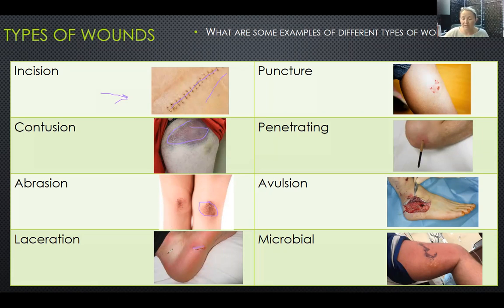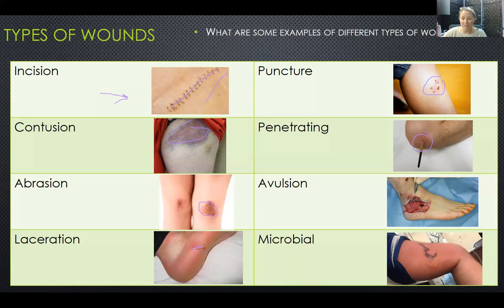So you see the difference there. A puncture wound would be a blunt or sharp tearing of the skin after breaking through. So something sharp put through the skin. So this looks like an animal bite, those teeth going straight through the skin. Penetrating wound is when a foreign object enters and lodges in the tissue.